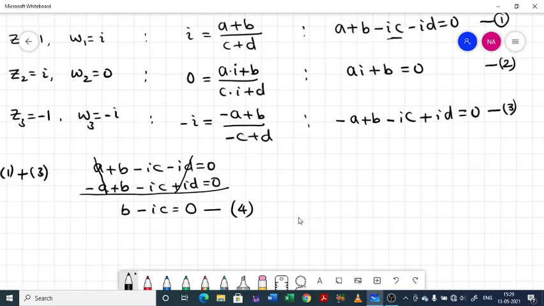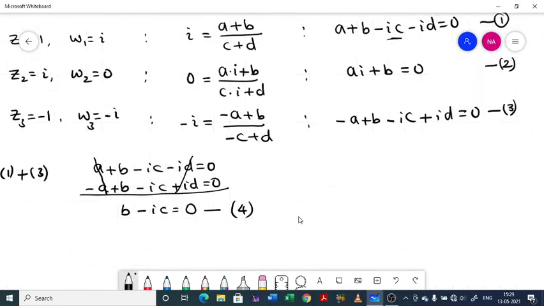Now I will consider equation 2 and equation 4. This is most important. Equation 2: I have Ai plus B, and the C term is not there, so 0 into C. So i into A plus 1 into B plus 0 into C. This step is very much important. Observe this carefully: you have to write two equations in three variables to apply the cross multiplication rule.